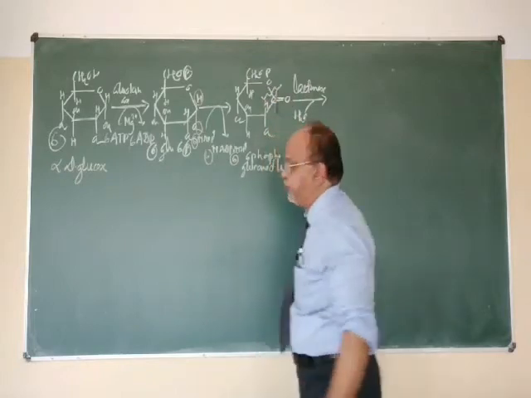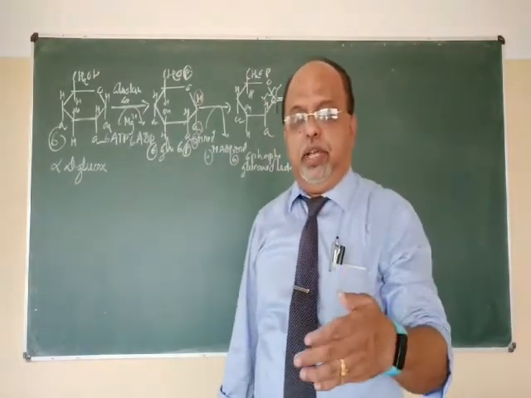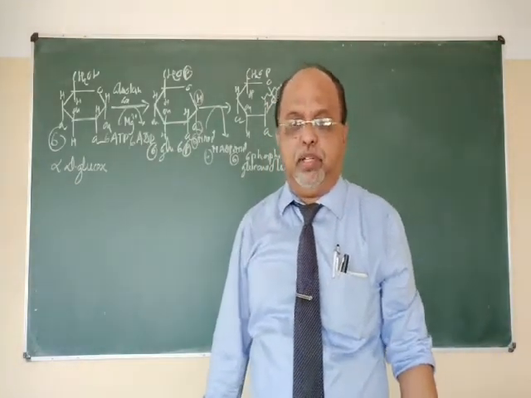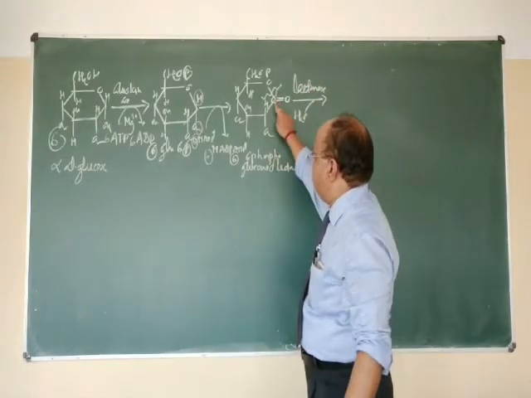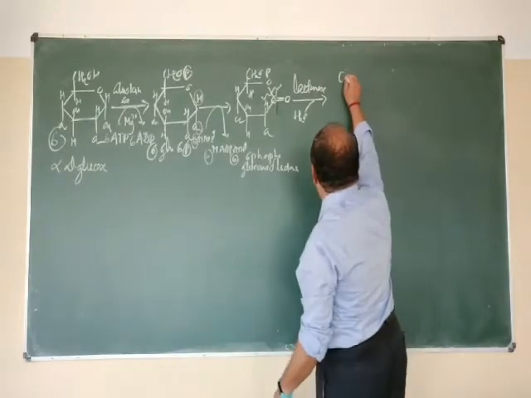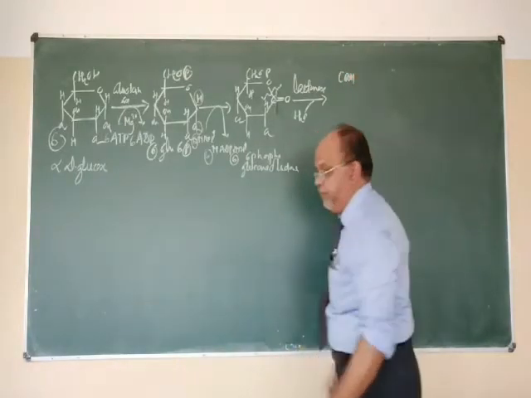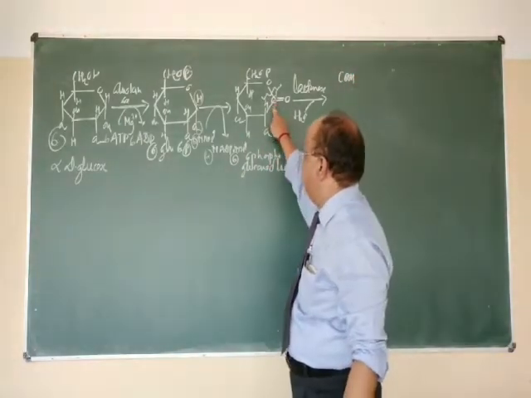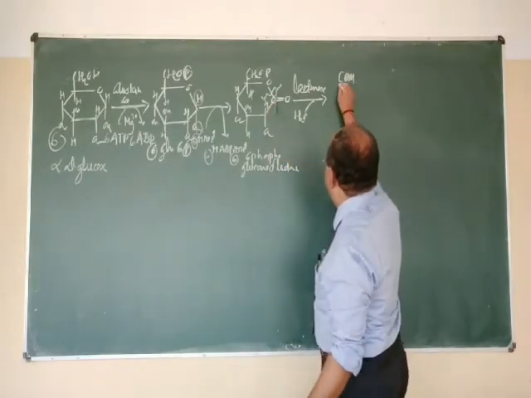Whatever H plus and OH minus ions are produced after the hydrolysis of water, it forms CO and OH from the water. Then it becomes COOH, carbon number 1. From carbon number 2, HCOH.